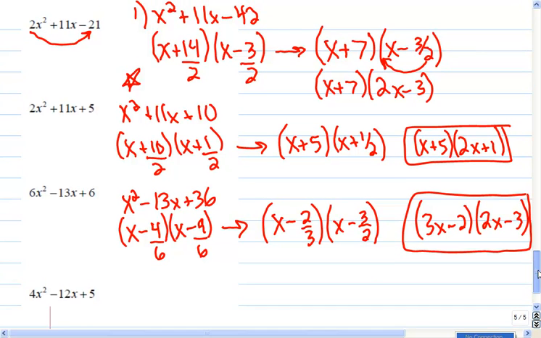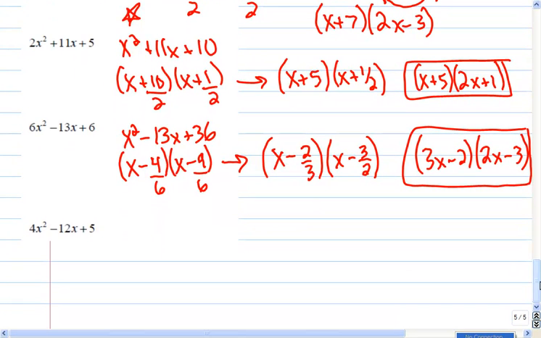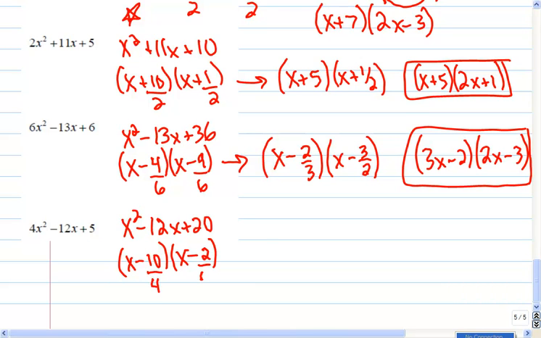Okay, and finally on the last question there, 4x squared minus 12x plus 5, x squared minus 12x plus 20. Factoring this will be, let's see here, 10 and 2, so x minus 10, x minus 2, and I have to even this out.